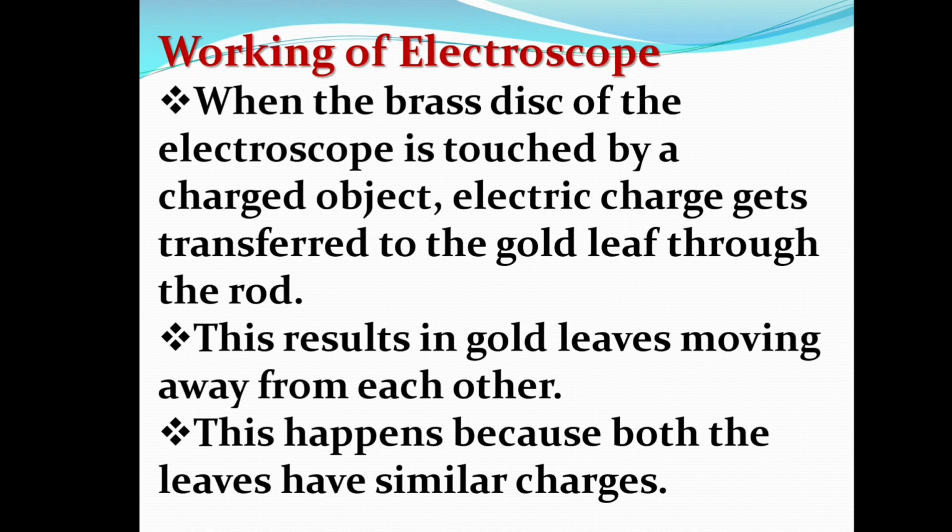The transfer of electric charges makes the gold leaves move away from each other. That is because both the leaves have the same charge. Either both the leaves may have positive charge or both may have negative charge. So the gold leaves will move apart from each other.